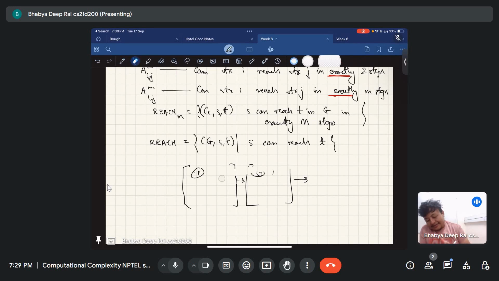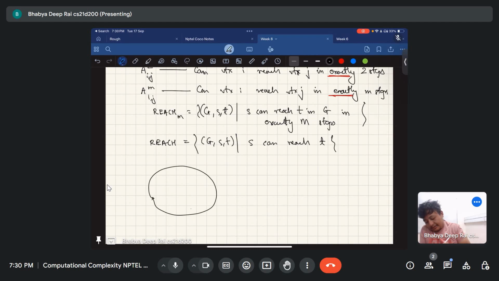I can even give an example. I'll give a very simple example. Say you have a graph G, and here I have vertex 1 goes to vertex 2, goes to vertex 3, goes to vertex 4.